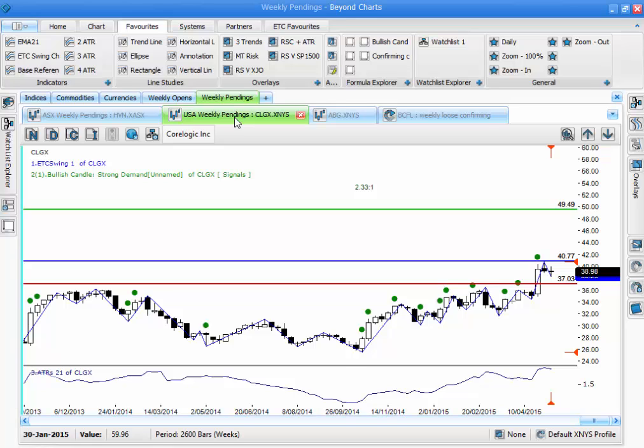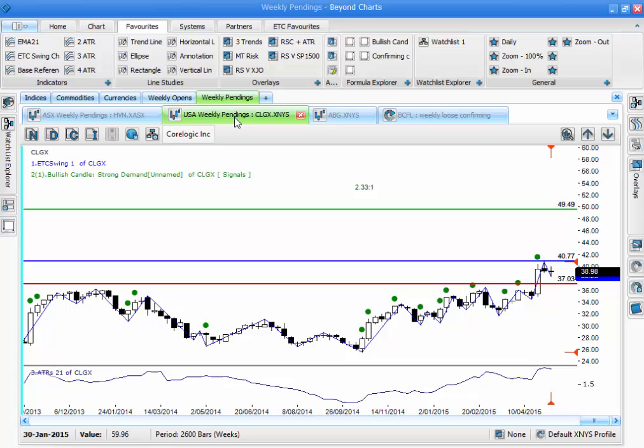Those of you who know a little bit about Beyond Charts formula language would realize that you can actually add formulae together. And some of the formulae that we have are, we have bullish candles, we have strong demand candles, we have 3-bar reversals, etc., which are all confirming candles, if you like. So you can actually create an indicator that highlights when you have one of those 3 conditions, and that's one of the 3 conditions that I was able to use to cut down my list of scan results from 529 down to 392.